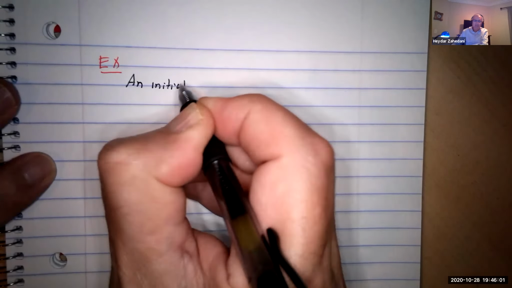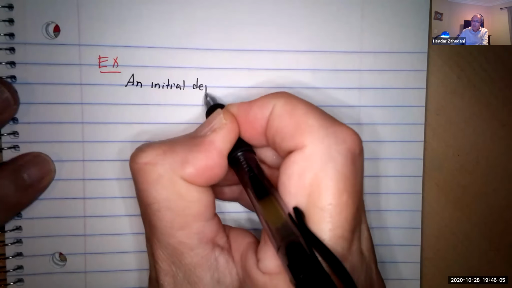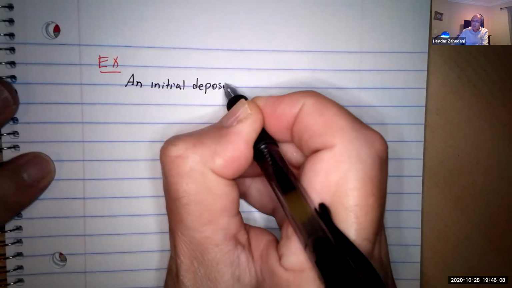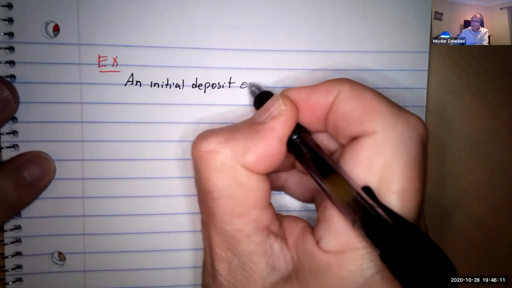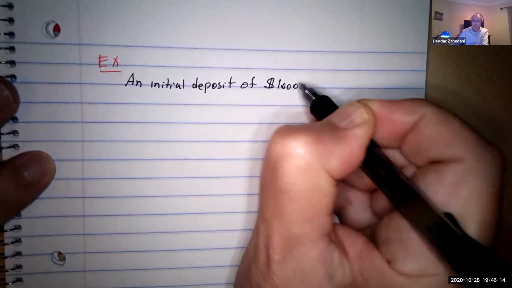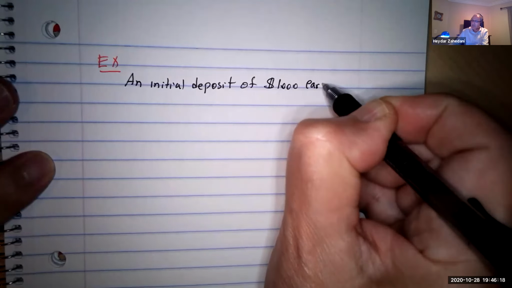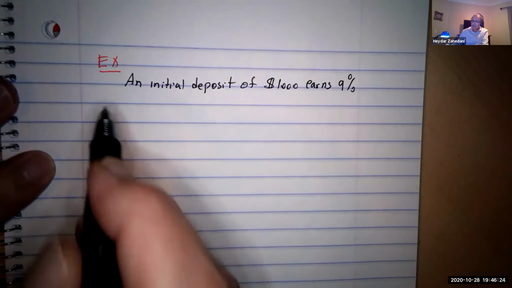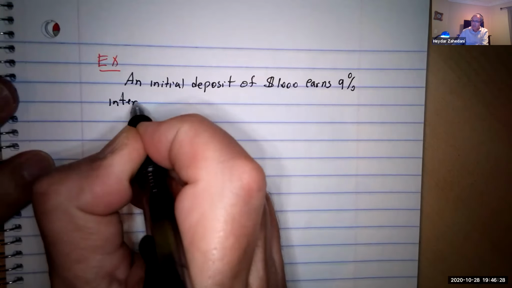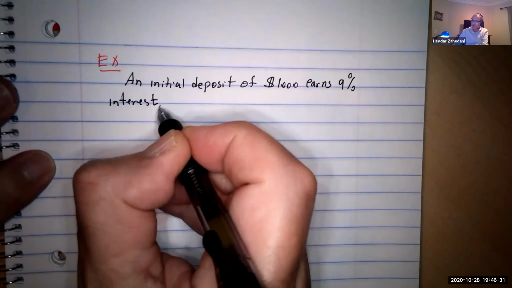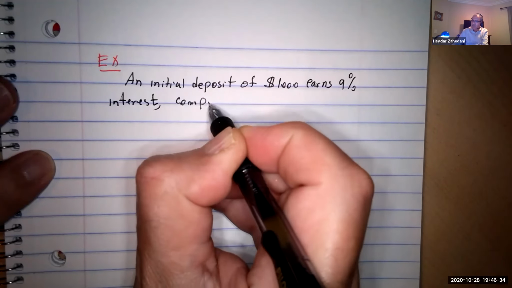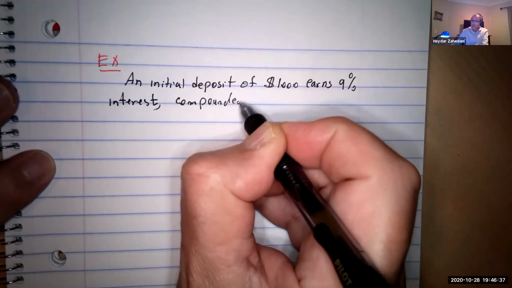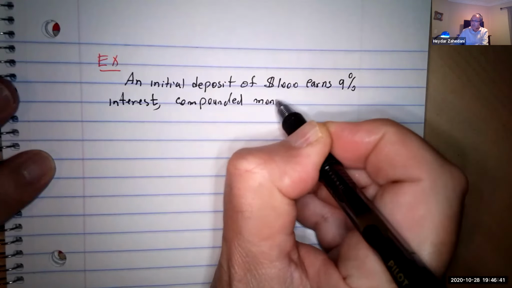For example, what is this one? Initial deposit of $1,000 earns 9% interest compounded monthly.